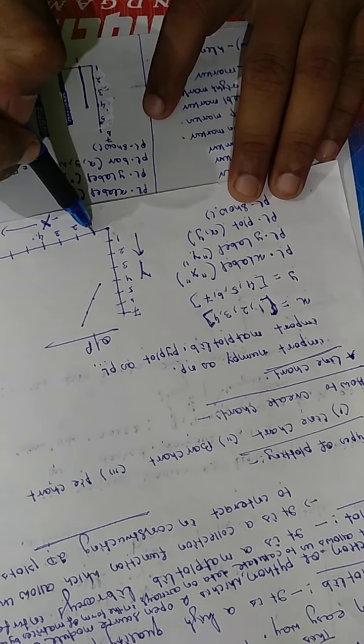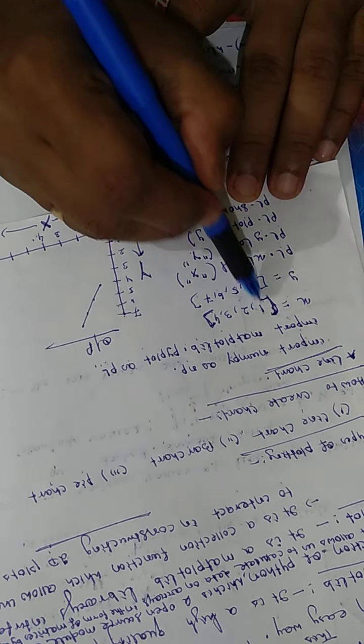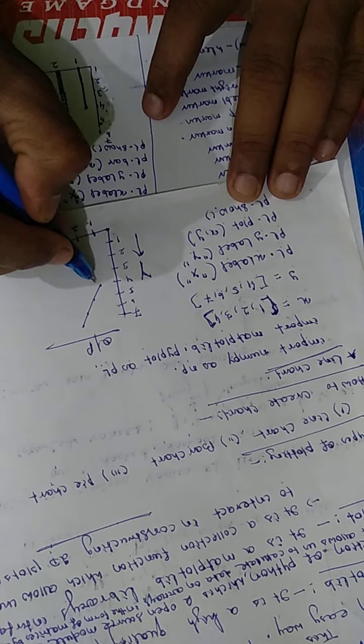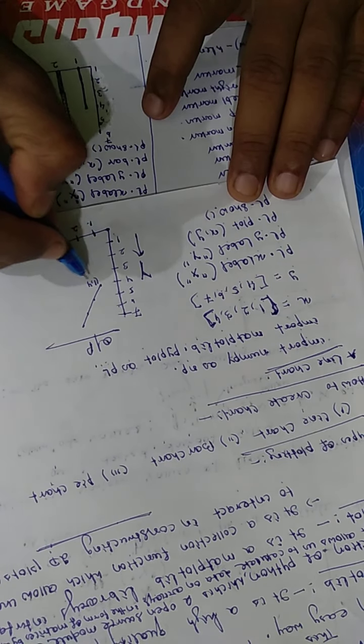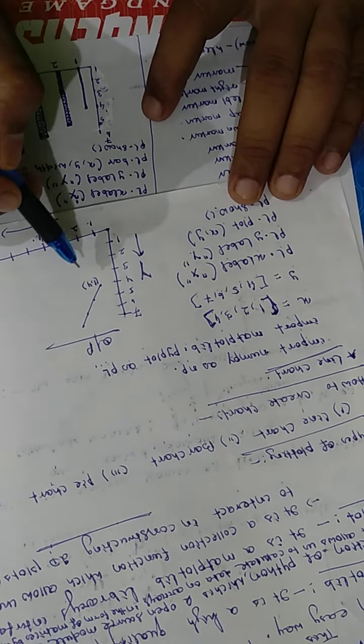So how it will be plotted? You see, 1 in x axis is following the point 1 4, 2 5, 3 6, 4 7. This is the point for 1 4. You might have studied in class 10 your ordinates are there.